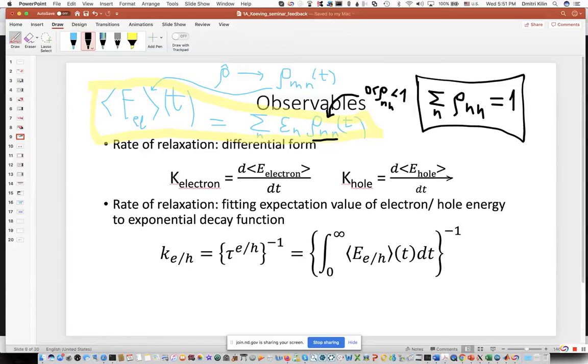However, the way the MATLAB non-adiabatic code calculated my expectation values was through the integral form you see at the bottom. So MATLAB calculated these relaxation rates by integrating all the energy from 0 to infinity.